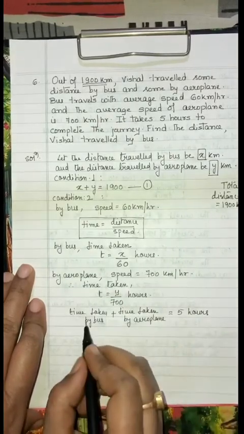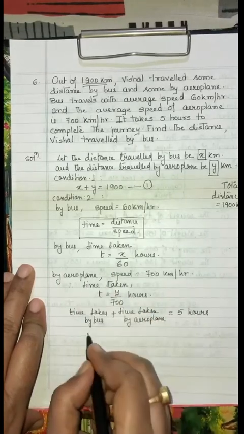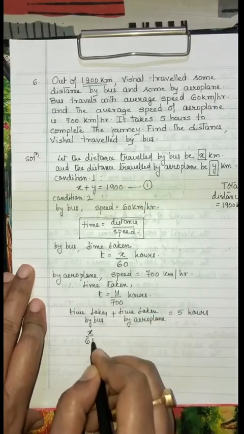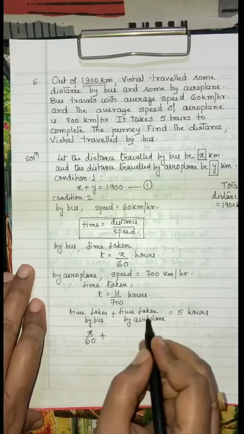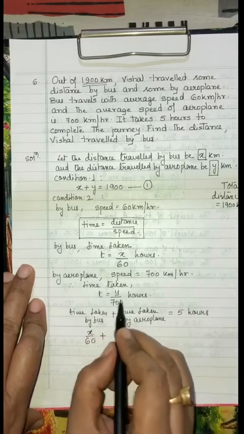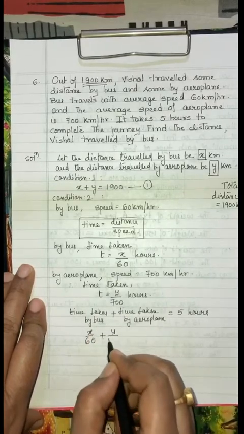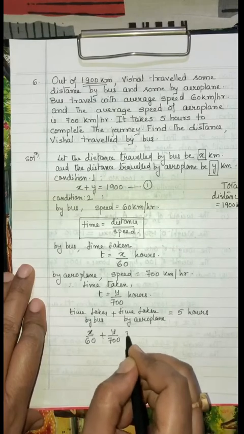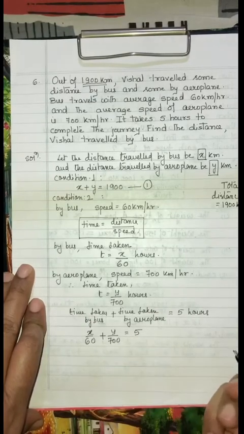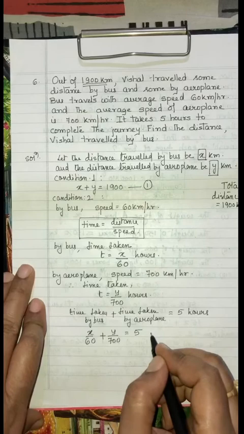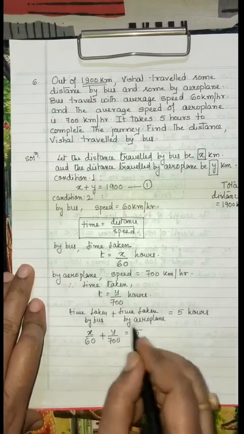Time taken by bus we got as x upon 60, plus time taken by aeroplane we got as y upon 700, total it takes 5 hours. So this is the second condition what we got.